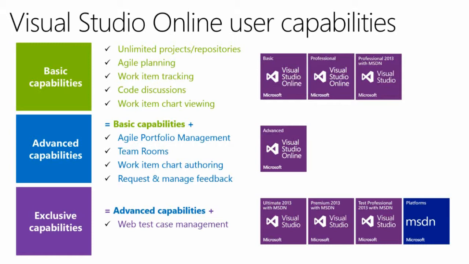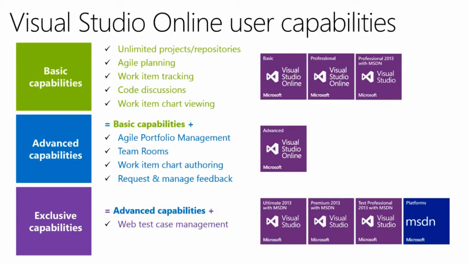One thing to mention here is that the Visual Studio Online Professional plan is the only plan that you can actually rent the Visual Studio Professional IDE on a monthly non-commitment basis. So you get access to all of these capabilities as part of your MSDN subscriptions and the Visual Studio Online user plans.